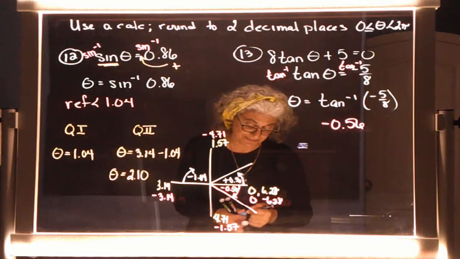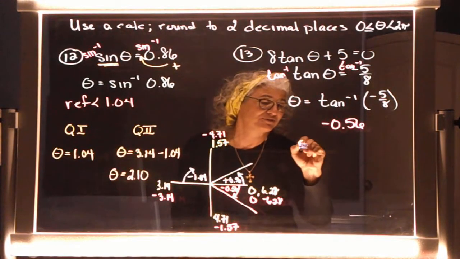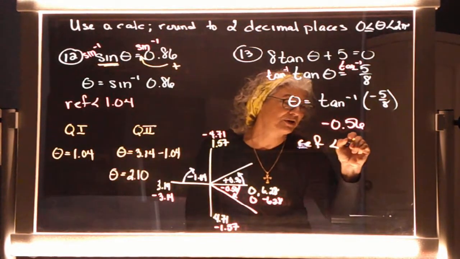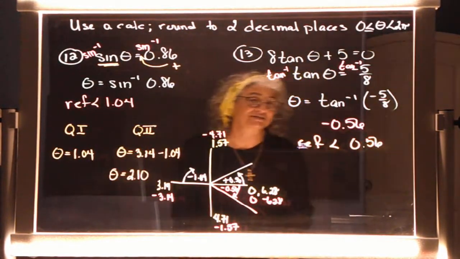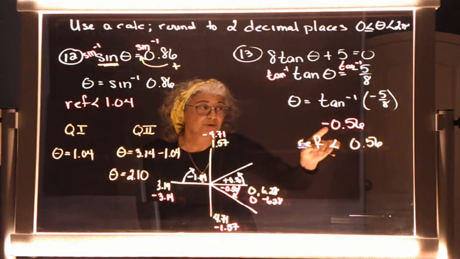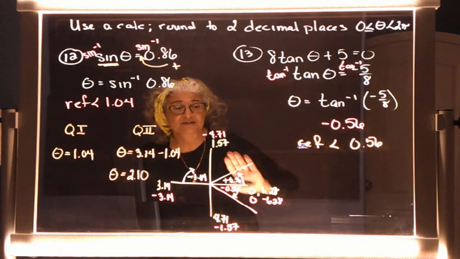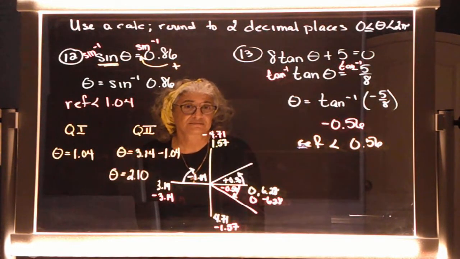So guess what? In this case, your reference angle is positive 0.56. That was actually quite nice. Because this was quadrant 4, then it was easy for me to get into quadrant 1.